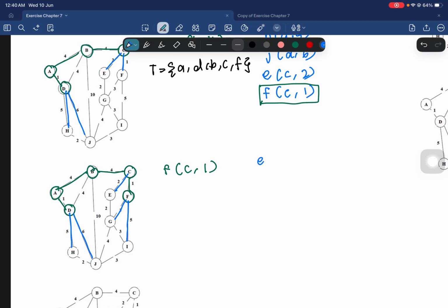So E is connected to C by 2, G is connected to F by 3, I is connected to F by 5, J is connected to D by 6, and H is connected to D by 5.